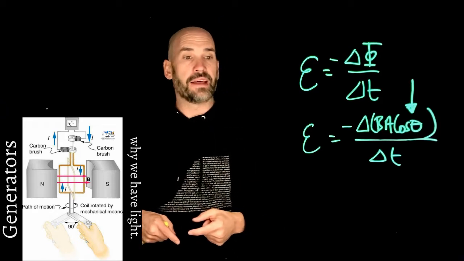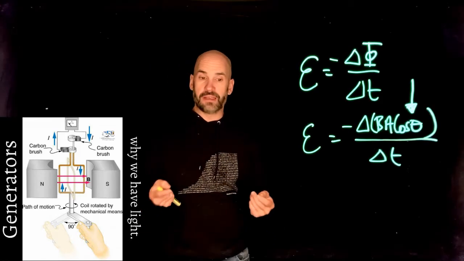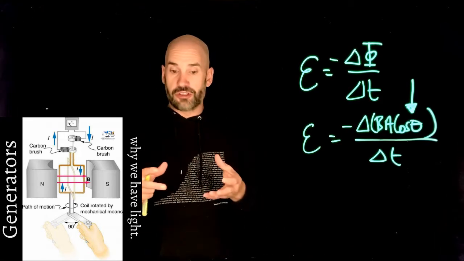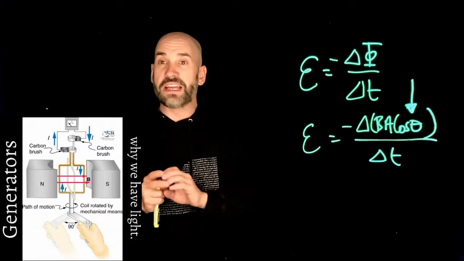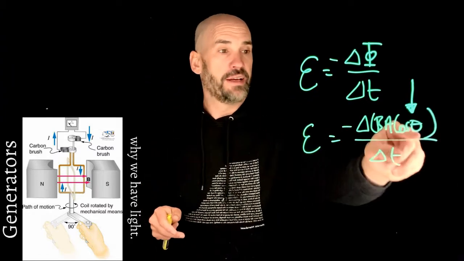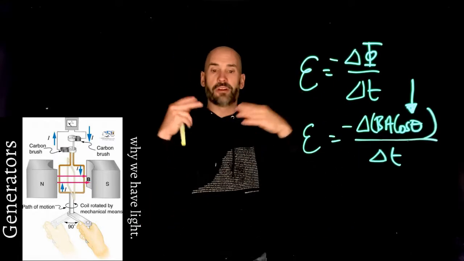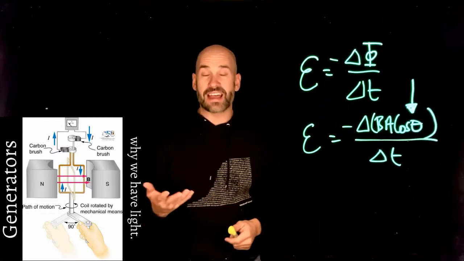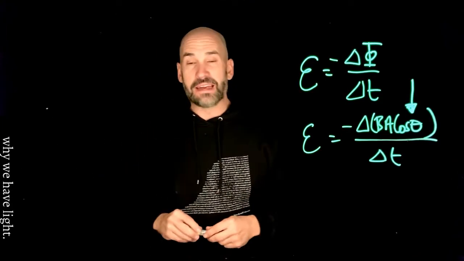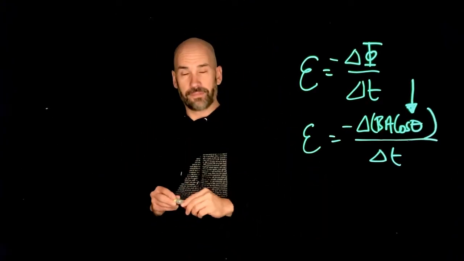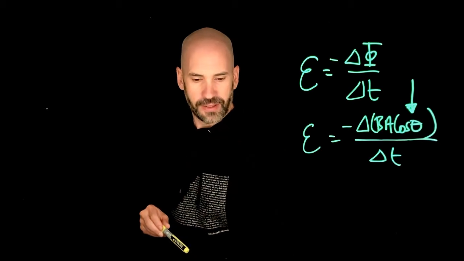And if you're talking about a nuclear power plant, you harness nuclear energy to boil water to create steam that turns a turbine, that changes this theta, that creates an induced EMF that gives you current for your home. That is how the world is powered, and now you are more powerful for knowing that.